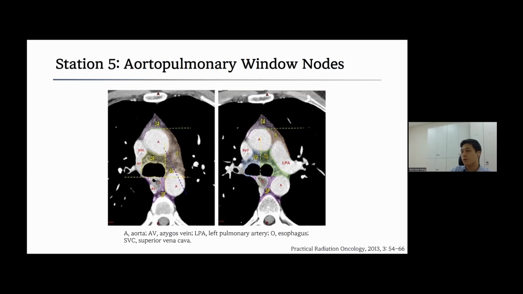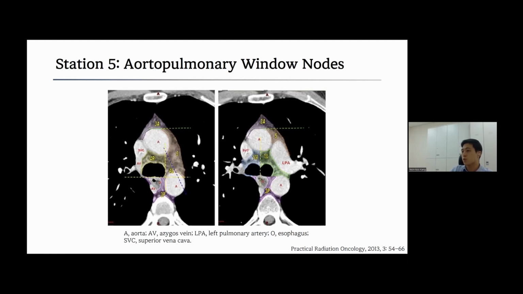Station 5 refers to aortopulmonary window nodes. Station 5 starts at the level of the lower border of the aortic arch and ends at the left main pulmonary artery. The boundary between 4L and 5 is the ligamentum arteriosum, but this structure is difficult to visualize on CT.